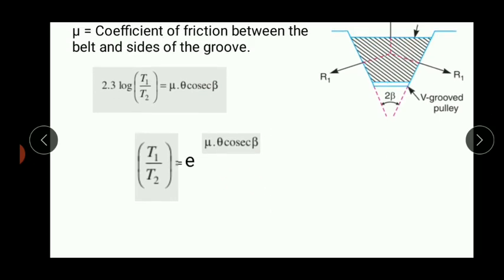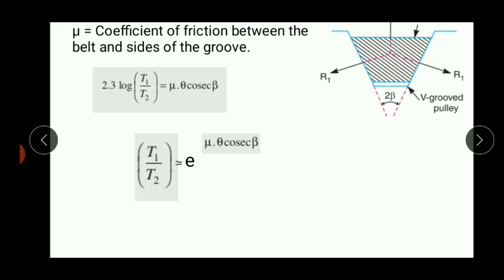So T1 and T2 both are tensions, that's why they must be taken in newtons. Mu is the coefficient of friction and it is a unitless quantity. Theta is the angle of lap, we had seen in the earlier slide. So this angle of lap theta must be in radians, we had seen earlier.